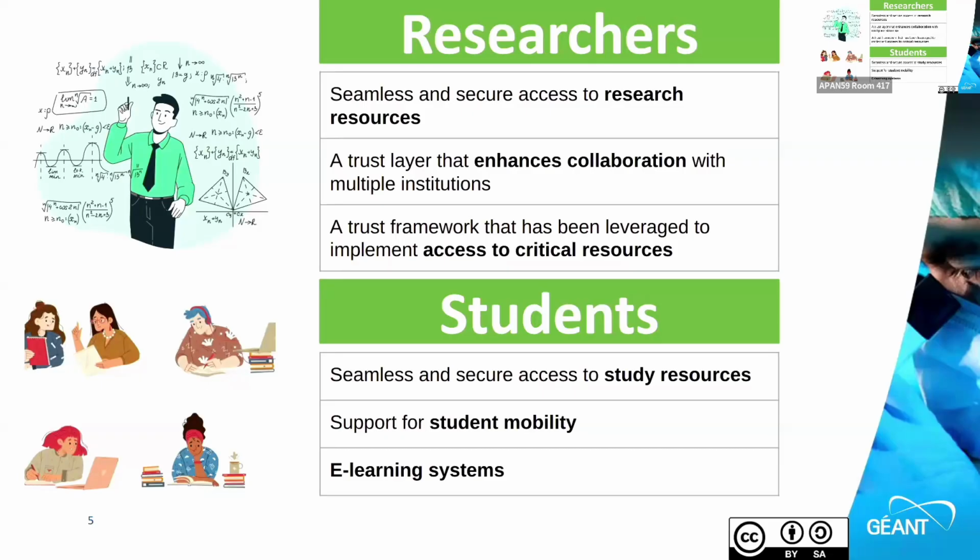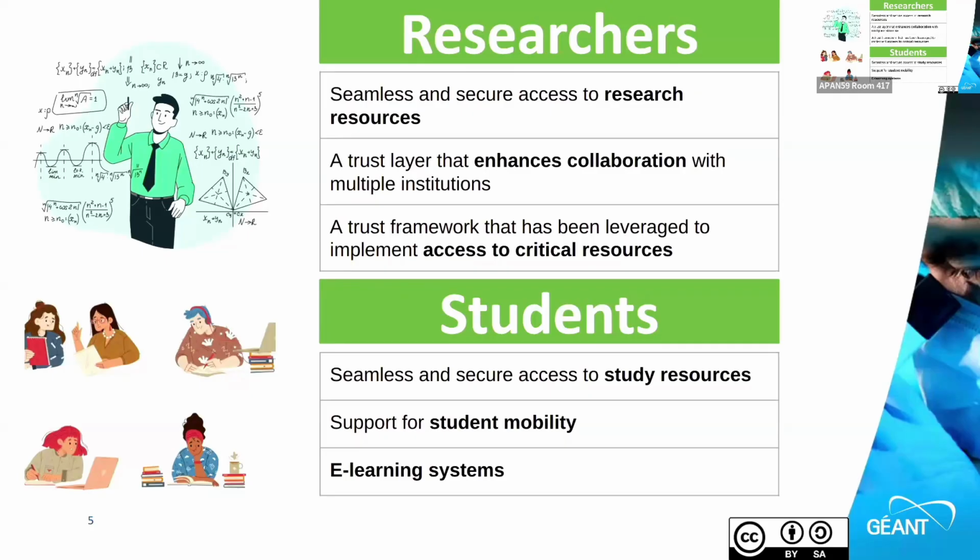They also have a trust layer that can enhance collaboration among institutions. This is really important because if you don't have trust, then collaboration is really difficult, and it is difficult also to share resources. This is even more important when we are talking about critical resources. If you think about health data, or HPC systems, these are not common resources. Usually you need more trust in these cases.